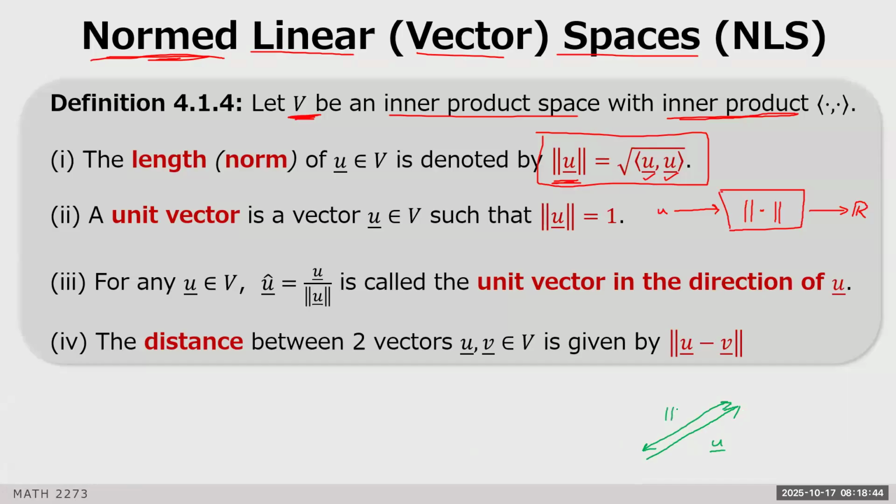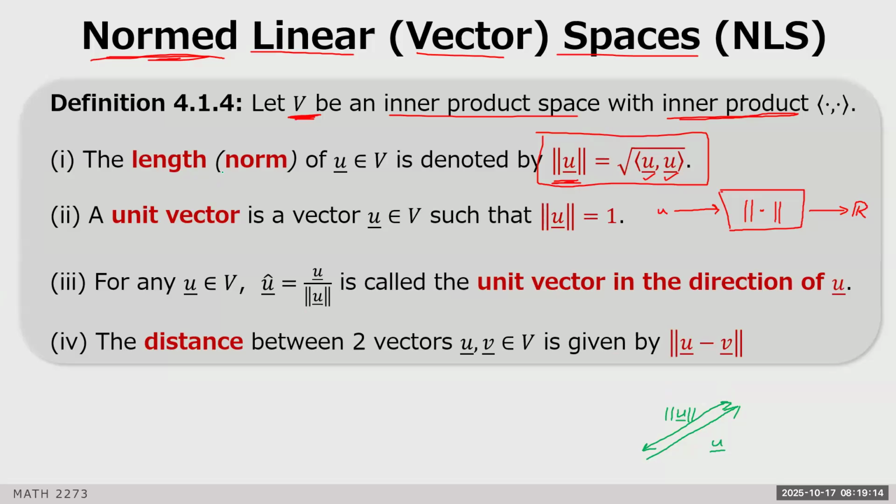So this is the length of this vector, the magnitude. This is true. But we're seeing in this course that not only are these arrows vectors, but there are many other objects that satisfy the properties of being a vector. For example, polynomials are vectors. So what does it mean to have the length or the magnitude of a polynomial?